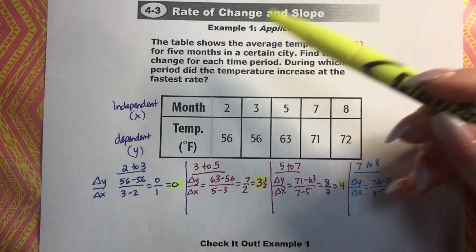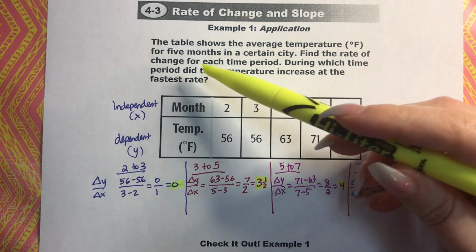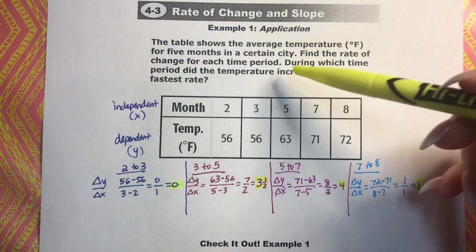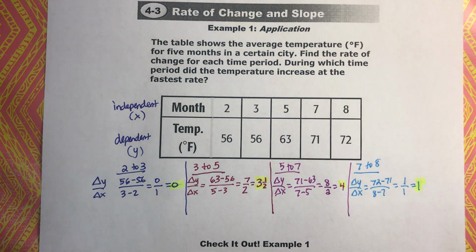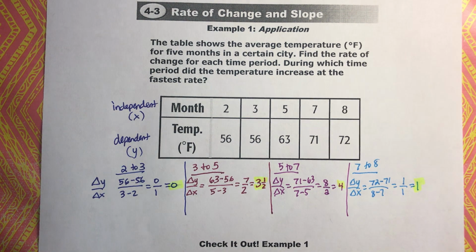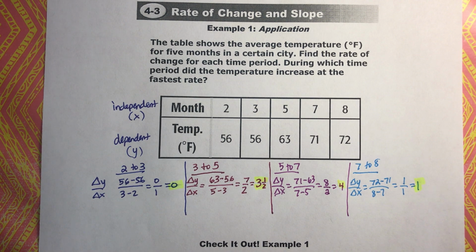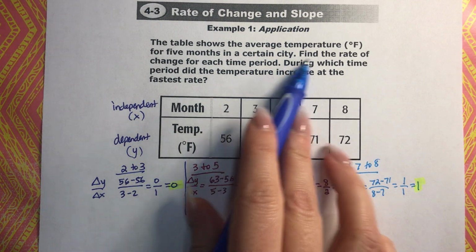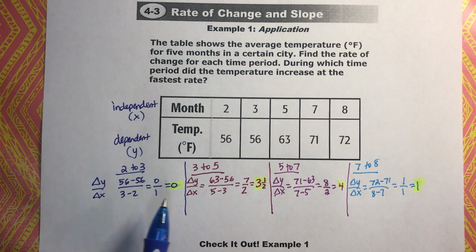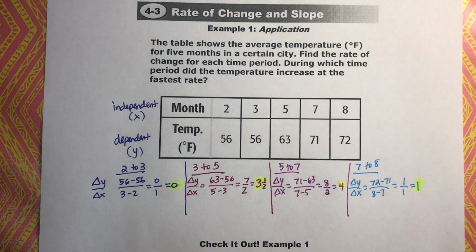And it's asking us, during which time period did the temperature increase at the fastest rate? That would be the biggest number, which would be 4, from 5 to 7. So first it wants us to find the rate of change for each period. We did that. And then during which time period did the temperature increase at the fastest rate?